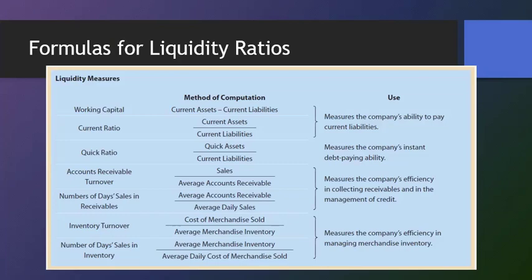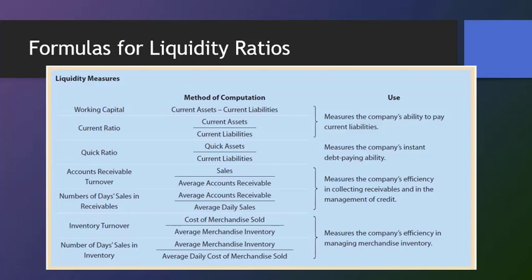And then you see the formulas for the other ratios here as well. Anytime they're asking for an average, you can just use a simple average. For example, if they say average accounts receivable, just take the balance from prior year plus the balance from this year and divide by 2 and use that as your average.